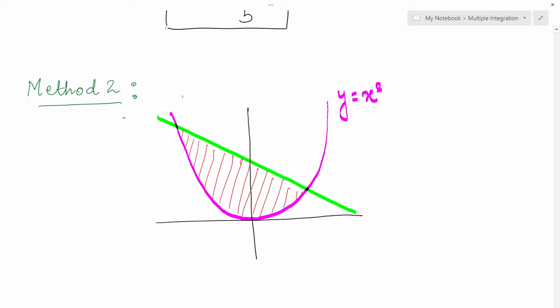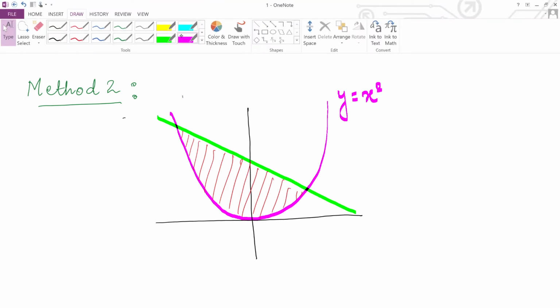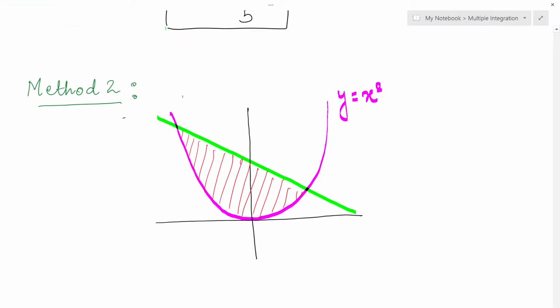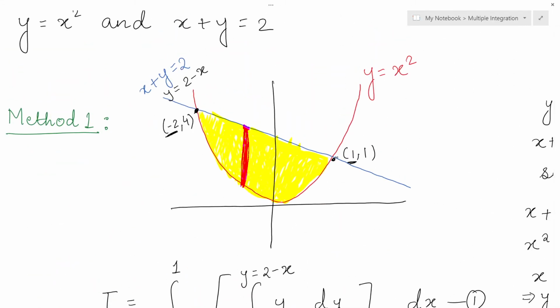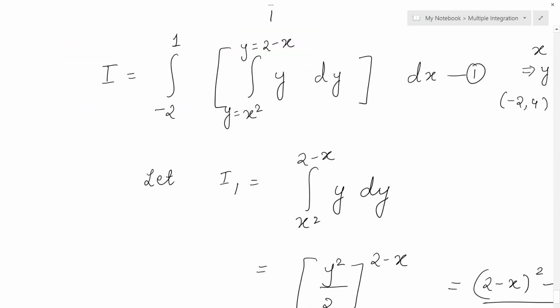So if I consider a vertical strip, the region down touches the red line and the vertical strip touches up to the blue line.